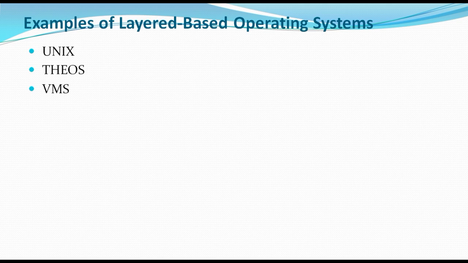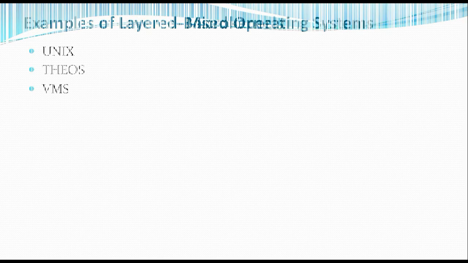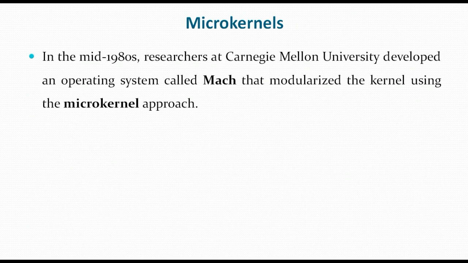So therefore, we have microkernels. The microkernel was developed in the mid 1980s. Researchers at Carnegie Mellon University developed an operating system called Mach that modularized the kernel using the microkernel approach.